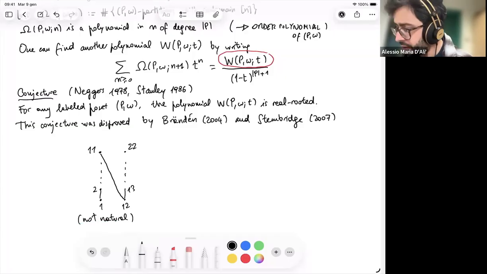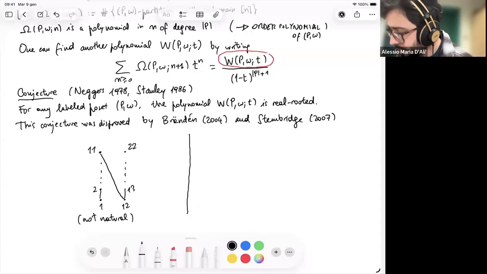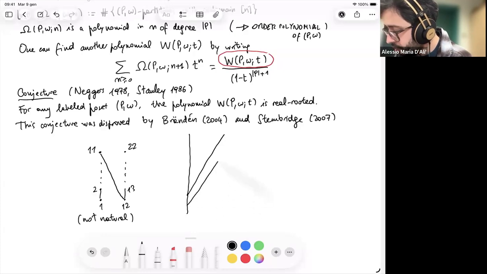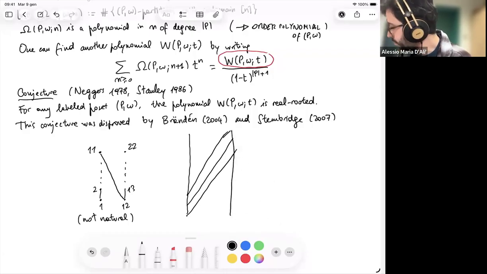But you could also find a natural counterexample. You just need to draw something larger. And I'm gonna try, but I'm not sure I'm gonna draw it very well, but whatever. So this is 1, 3, 5, and then I go up like this.